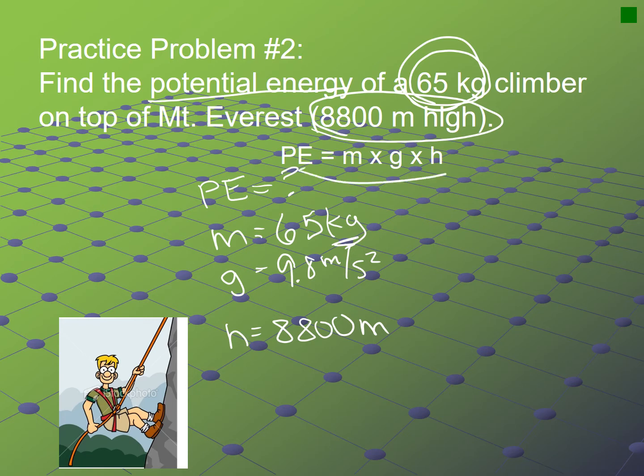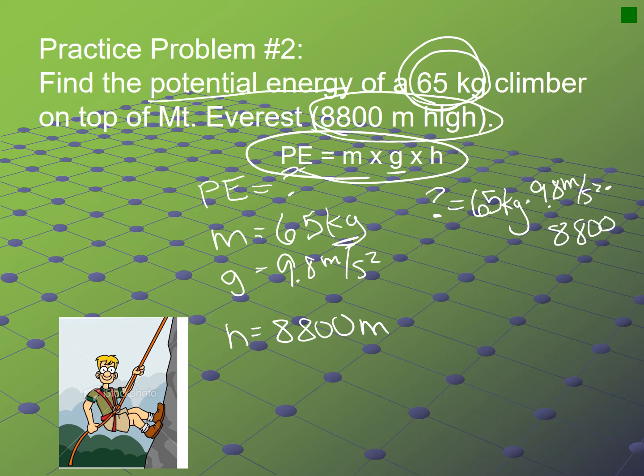Now I'm ready to plug into this formula. I've got my potential energy, which is what I'm solving for, equals my mass, which is 65 kg, times my G, which is 9.8 meters per second squared, and then times H, which is 8,800 meters.